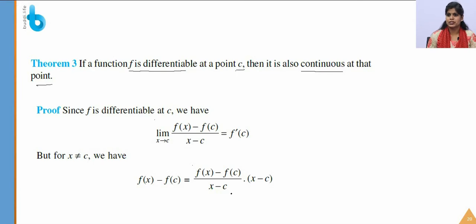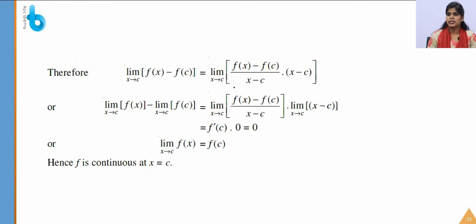For this, x should not be equal to c, because in the denominator we have x minus c. By the algebra of limits we can split up the limits. Limit as x tends to c of (x minus c), if in place of x I substitute c, becomes 0. So the whole thing becomes 0.